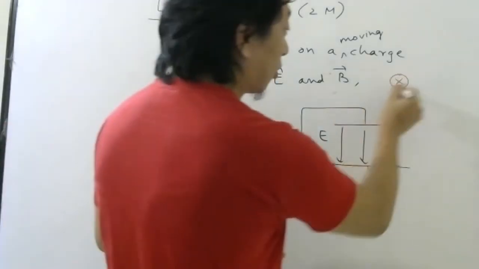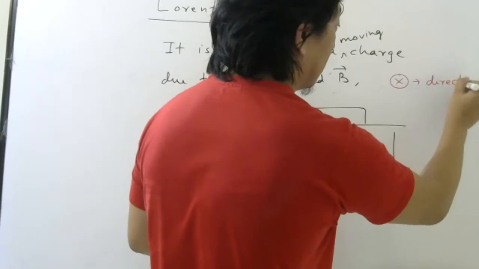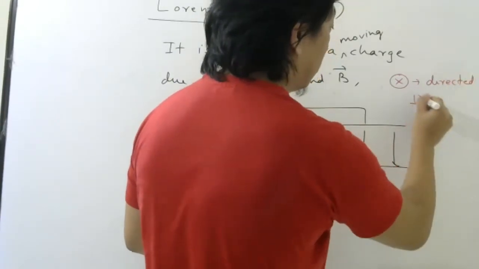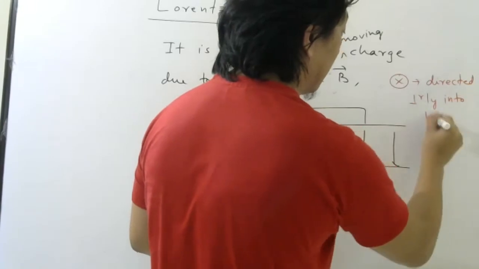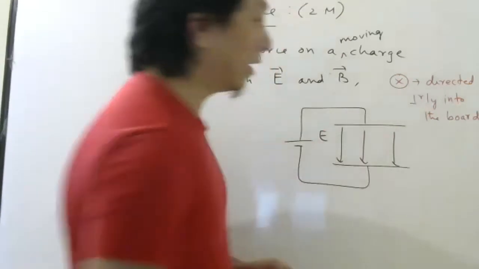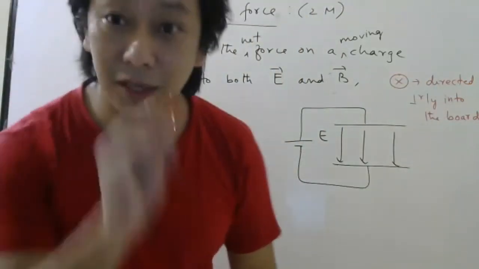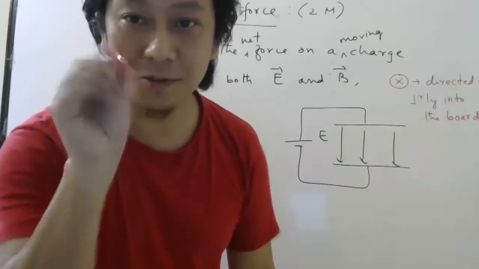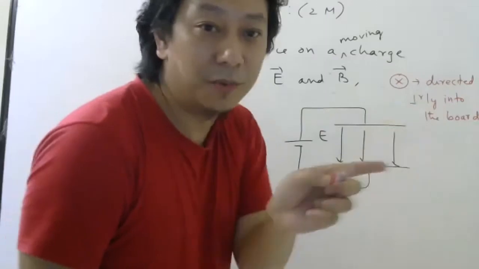If I write a cross, it means directed perpendicularly into the board. How to remember? Into sign, into, like that. So this means inwards, into the board.